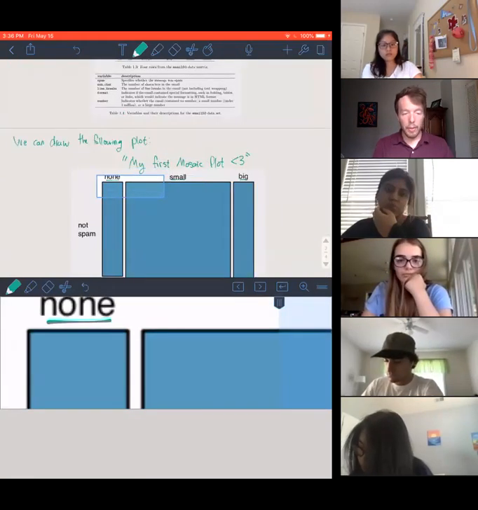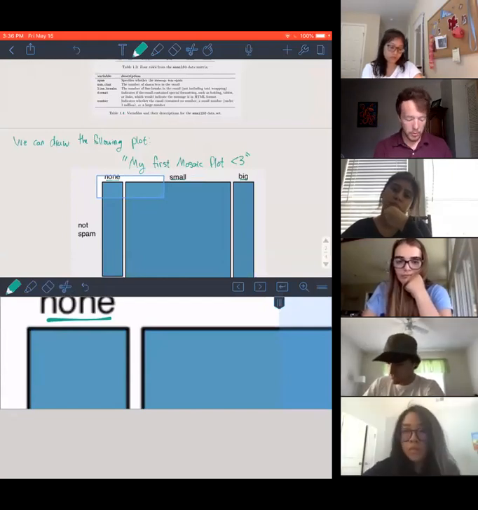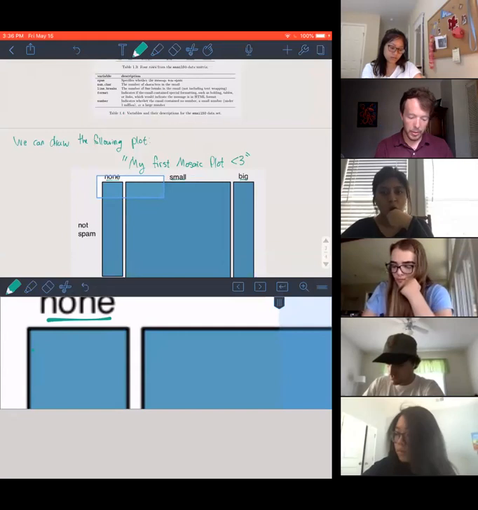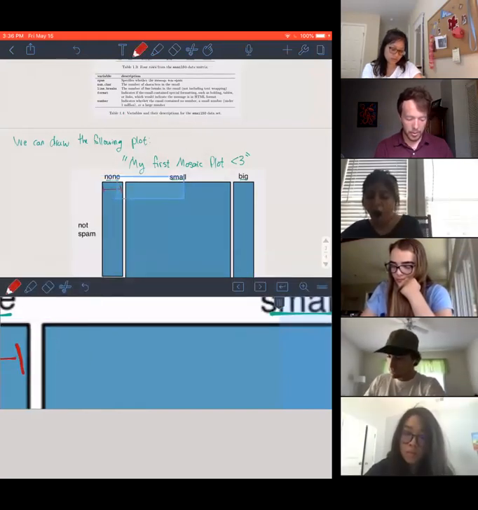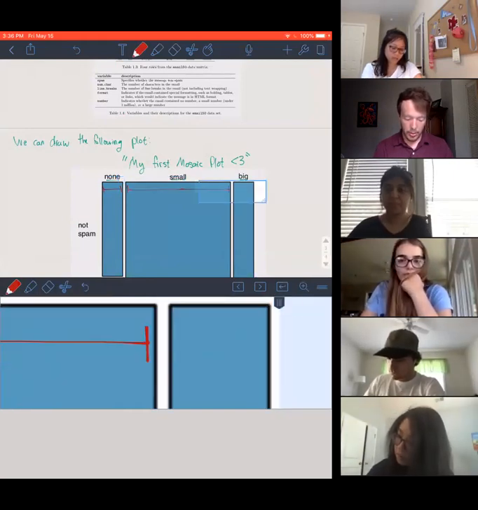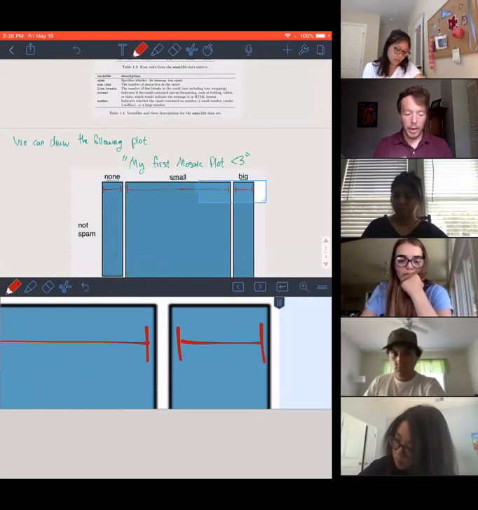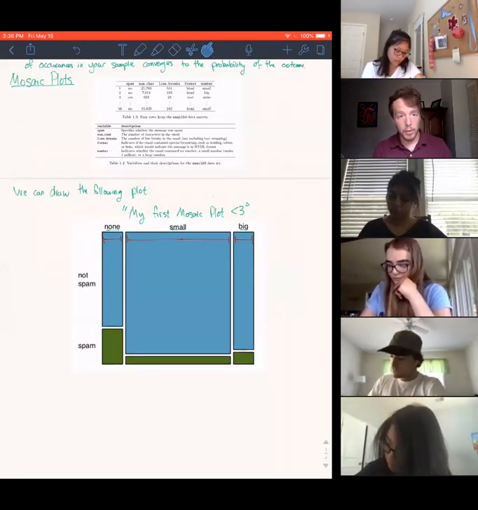If you look at the horizontal width of each of these boxes, and my colors are kind of bad here, I'm talking about this width right here, this width, and this width. That is the proportion of the data that belong into each of these three categories.